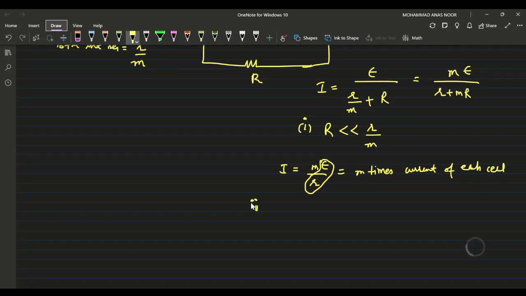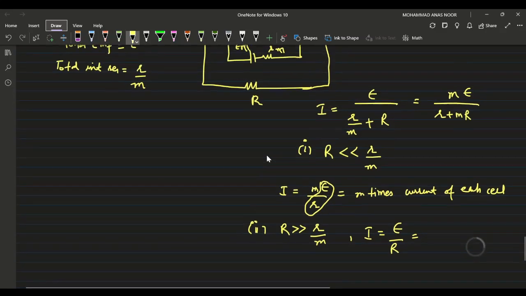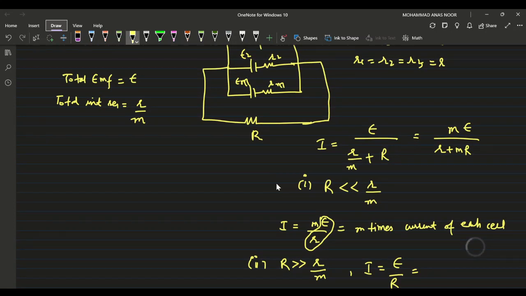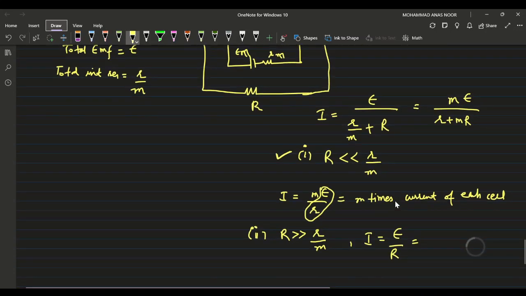The second case is R is greater than R by M. In that case, I would be E by R only. So in this case, we are getting the opposite. In this case, when R is less than this thing, then we are getting the maximum current.